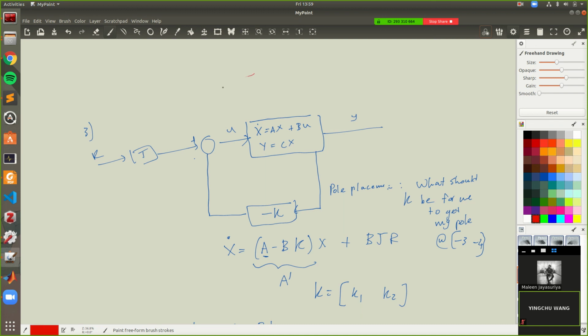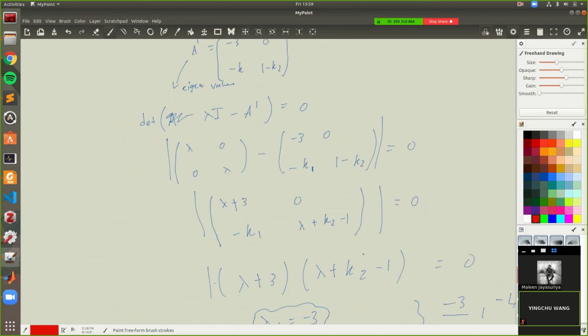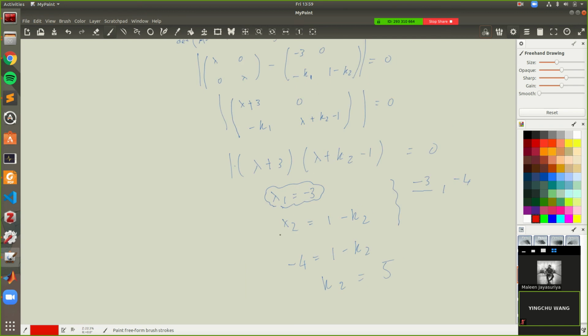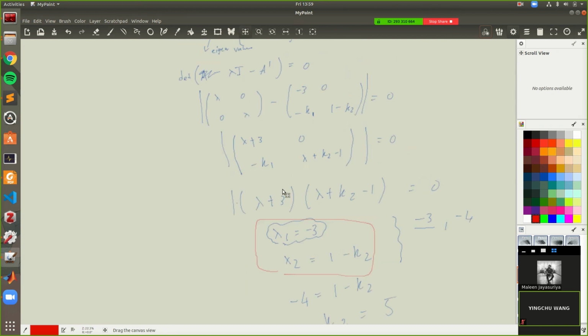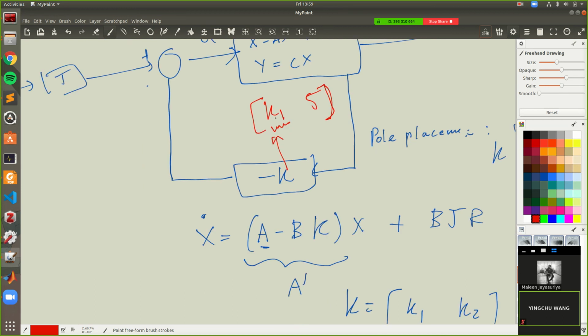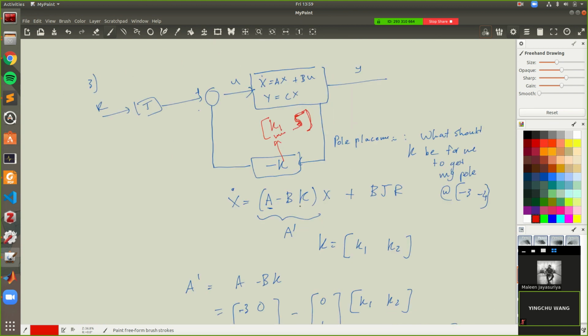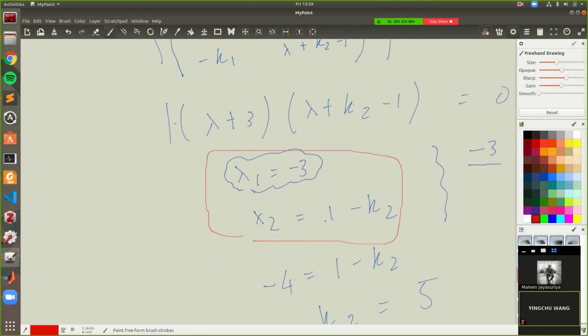K will have to be equal to k1, 5. K1 doesn't matter, because all that ended up in our equations is k2. So it doesn't matter what we set k1 to. K1 can be 2, 3, 4, 5, 6. It doesn't affect the ultimate result. But as long as we set k2 as 5, we will get our final poles where we want them. Is that clear?